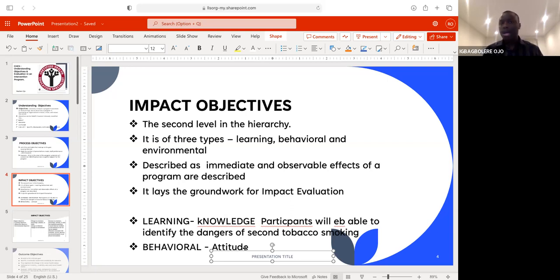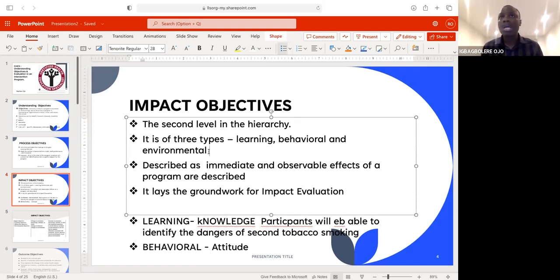All right, that becomes a behavioral change because the usage of condom is a behavioral pattern. Okay, smoking of vapes is a behavioral pattern, it's habitual. So when things like that change, it is behavioral. And of course, environmental, for example, has to do with a larger society.